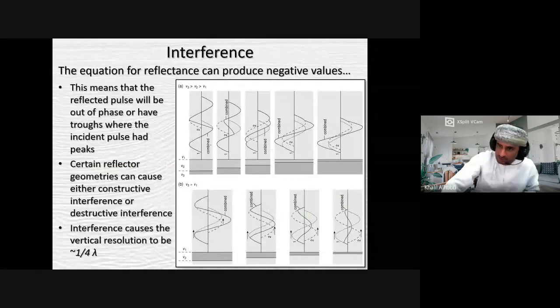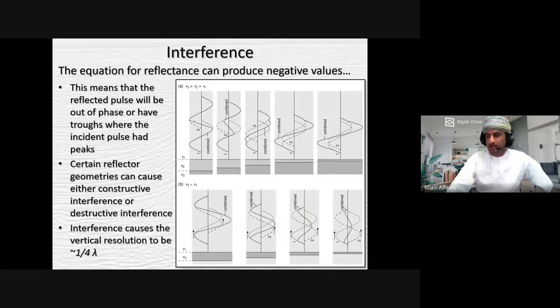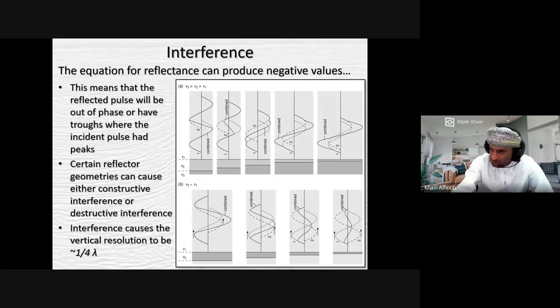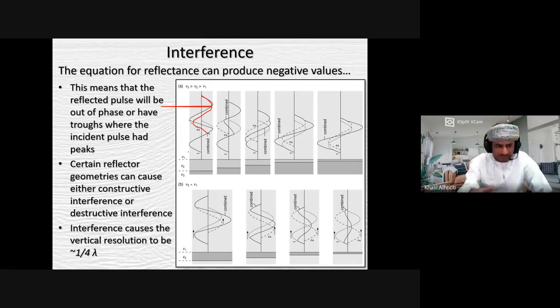Interfaces. Shall I go to this? This is not very common, because the pulse is a single pulse. You see this one? It's a pulse. But sometimes it happens that a multiple gets interfered with a primary.